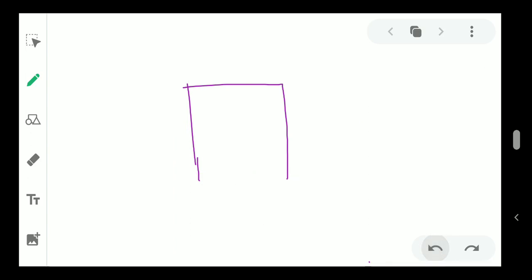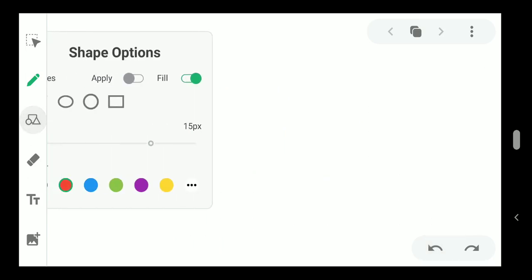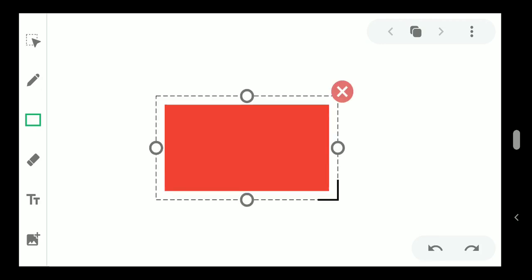But in the case of a rectangle, which I can draw using this tool, if I draw a rectangle, this line of symmetry has this side and this side the same, right?